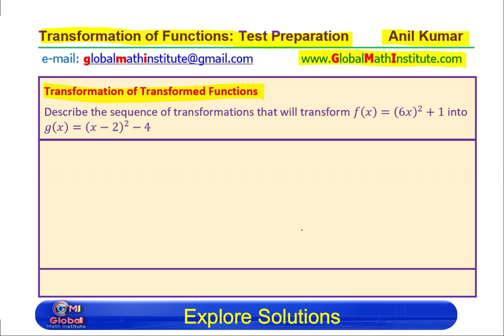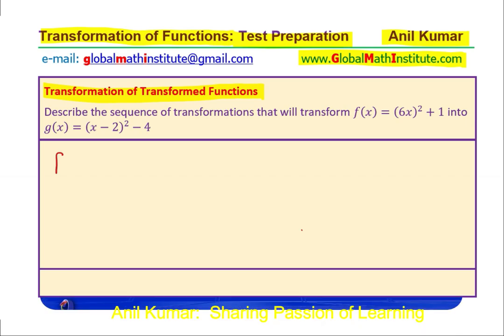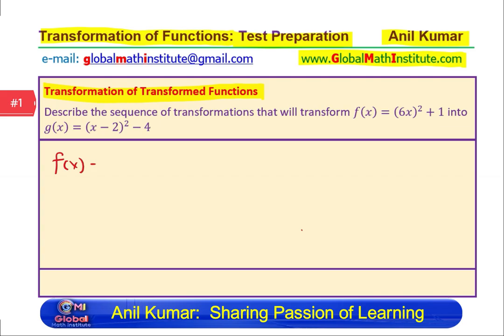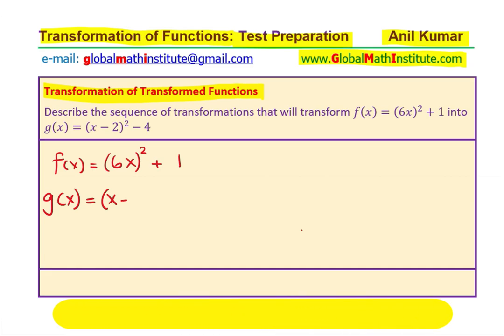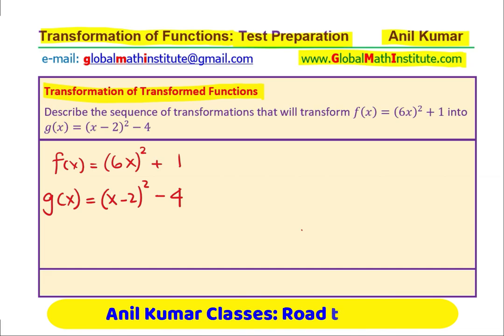We are given a function f of x, which is (6x) whole squared plus 1, and then that is transformed to g of x, which is (x minus 2) whole squared minus 4. We need to explain the transformations going from f of x to g of x. Interesting? You can always pause the video and answer the question.